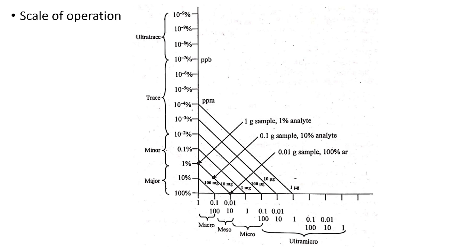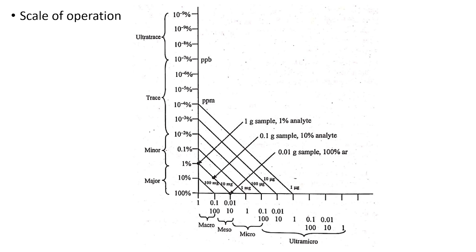Concentration analysis methods have both lower and upper limits for the amount of analyte that can be determined. The lower limit is decided by the lowest concentration of analyte that can give a useful signal, usually in parts per million or parts per billion. The upper concentration limit is also important when the sensitivity decreases with increase in concentration. So for a concentration analysis technique, you have an upper limit as well as a lower limit.